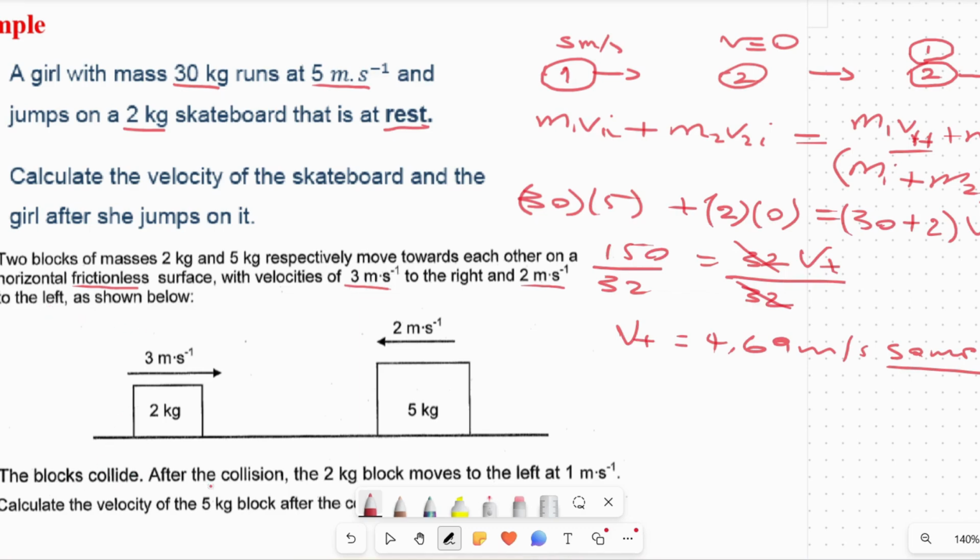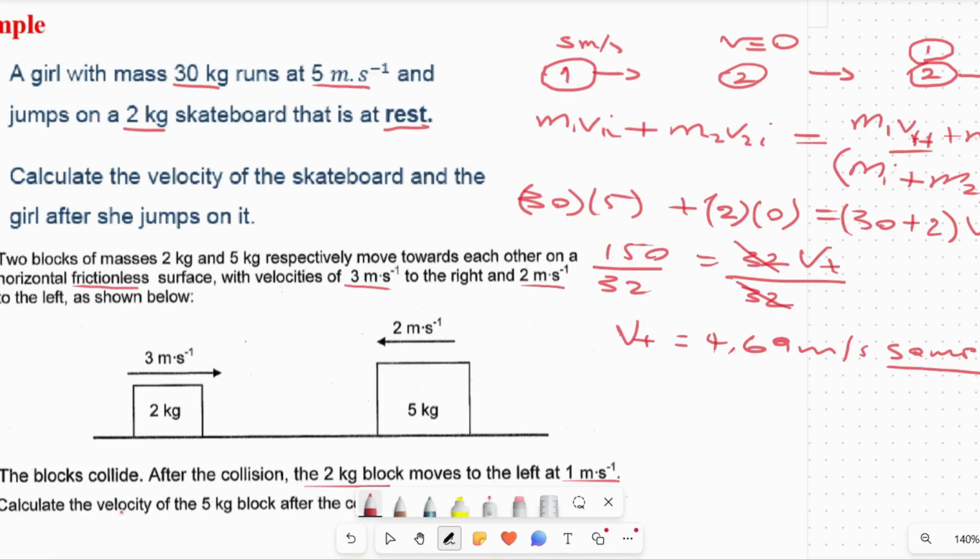After the blocks collide, the 2 kilogram block moves to the left at 1 meter per second. Then calculate the velocity of the 5 kilogram block.